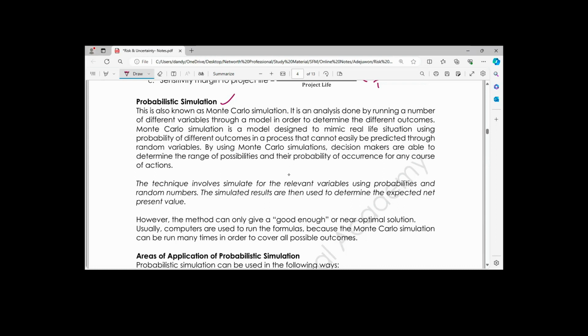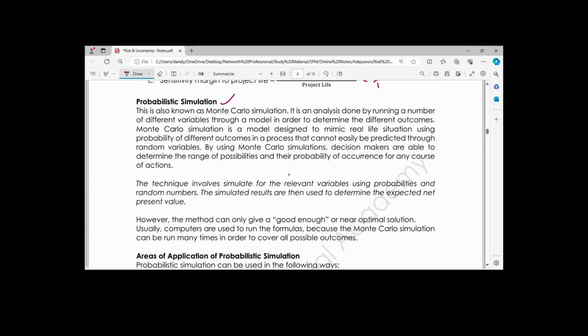Now, one of the limitations of simulation is that simulation cannot produce optimal solution, but good enough or near optimal solution. This is because not all variables, not all cash flows will be well represented, okay? You are just going to be selecting the cash flows on the basis of the random number given to you.